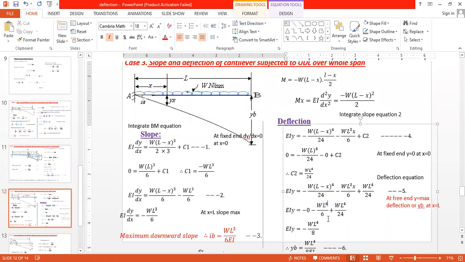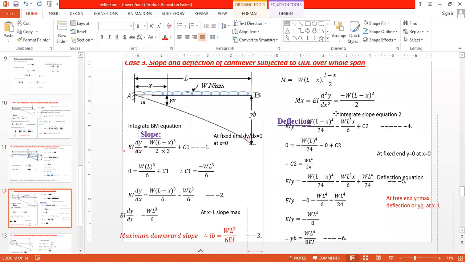The last term is as it is, so if you add these two terms, WL raised to 4 divided by 6 and WL raised to 4 divided by 24, you will get WL raised to 4 by 8. You can do this addition yourself also. It is not a complicated thing, it is simple.